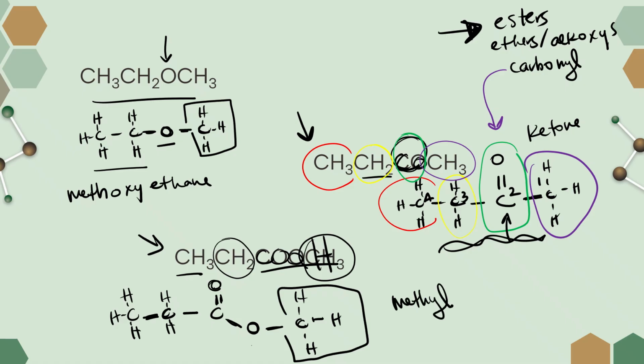And then I'm going to look at the rest of my molecule. I've got 1, 2, 3 carbons. That's not the best way to number them. Let's always start with our carboxyl carbon. 1, 2, 3. That's better. 1, 2, 3 carbons. Methprop. So we're going to call this methyl propanoate because it is an ester.